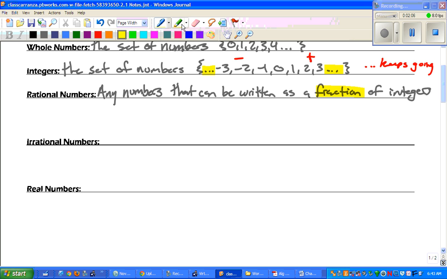Fraction. So what that means is we can have, oh, not an example yet, I'm sorry. Things that can be written as a fraction are a repeating decimal or an ending decimal. And we'll give you two examples of that real quick.